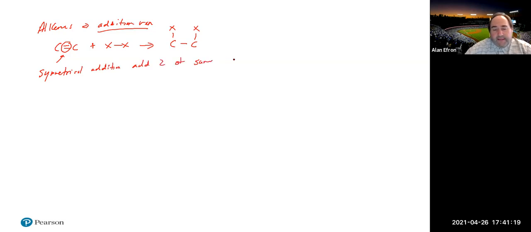For example, we add something like H2, Br2, Cl2. Pretty much each of the carbons is going to end up with one of those on each of them. Since they're both the same element, it doesn't really matter where that ends up. So we could have something like this.